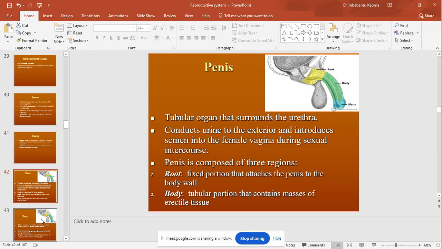It is made up of three parts: the root, the body, and the glans. The root is basically the part that is fixed and attached to the body. The body is a tubular portion that is made up of erectile tissue.